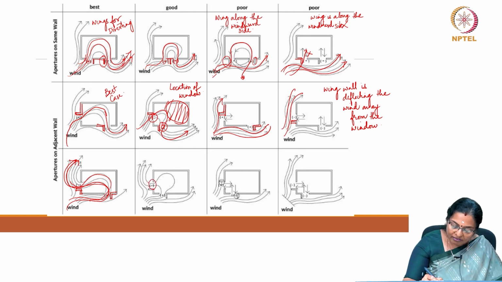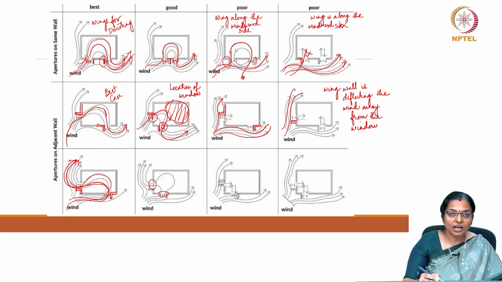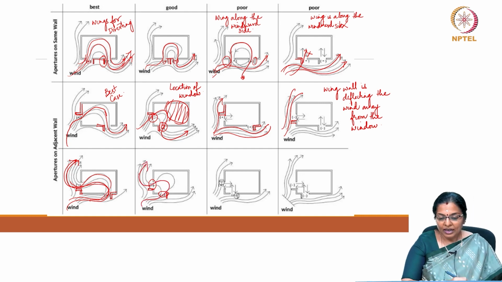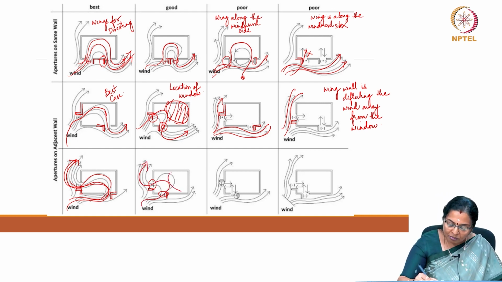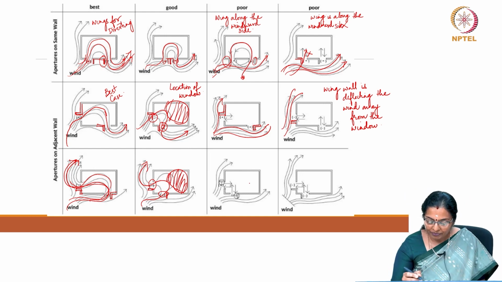When you have apertures which are closer to each other but along adjacent walls, and you have wing walls which deflect and encourage breeze movement, it is a good strategy, but the disadvantage is the large amount of room where you cannot feel the impact of ventilation.